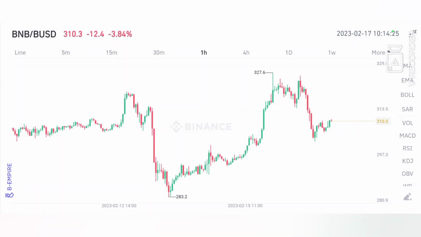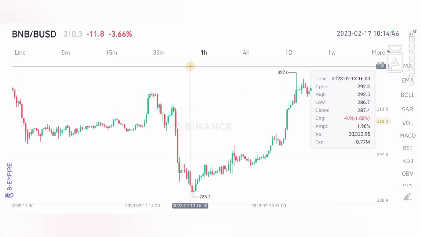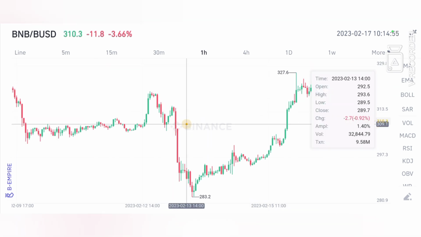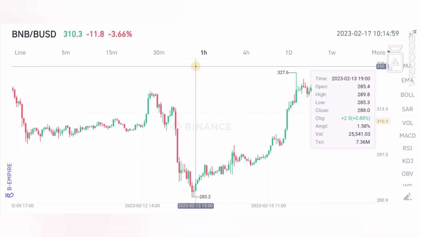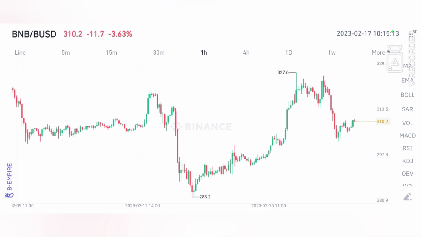When we talk about multi-time frame analysis, like I was saying, it involves you doing technical analysis on multiple time frames, and we have several time frames here, as we can see above our screen. Like I said, the app that I'm using is Binance, and this is currently the mobile app. You can also trade with the desktop app, that's the website, or any other crypto trading app that you are comfortable with using.